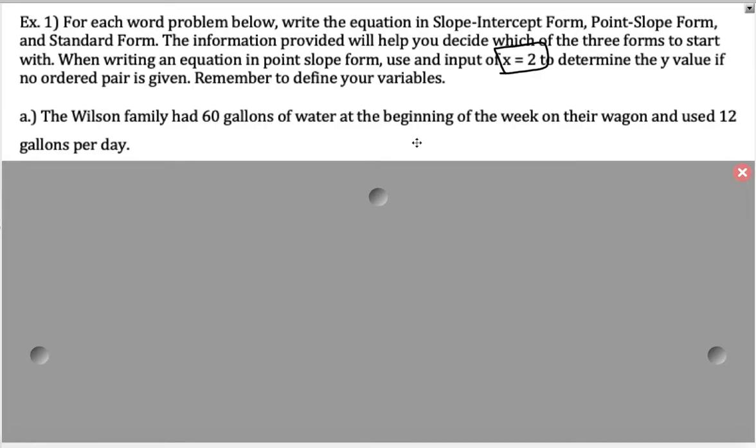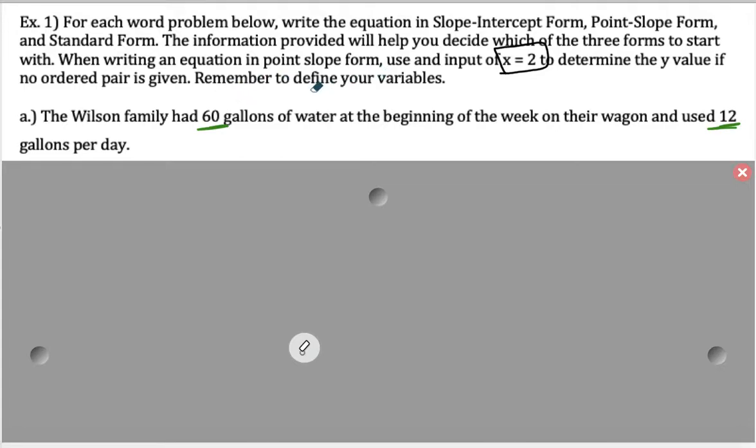That would be a straightforward starting point and unit rate. I think you would agree we want to start with y equals mx plus b as our first format here, or even y equals b plus or minus mx.